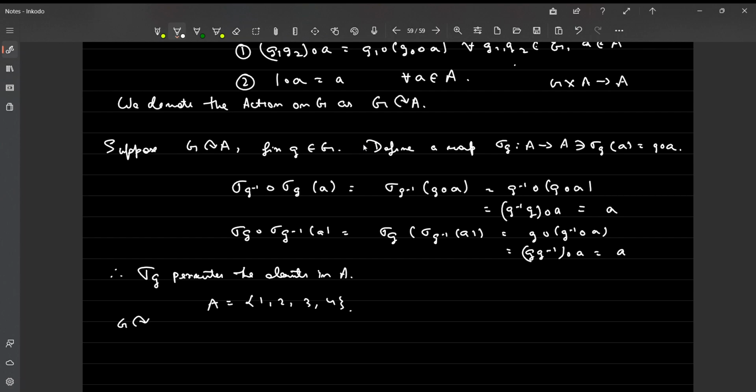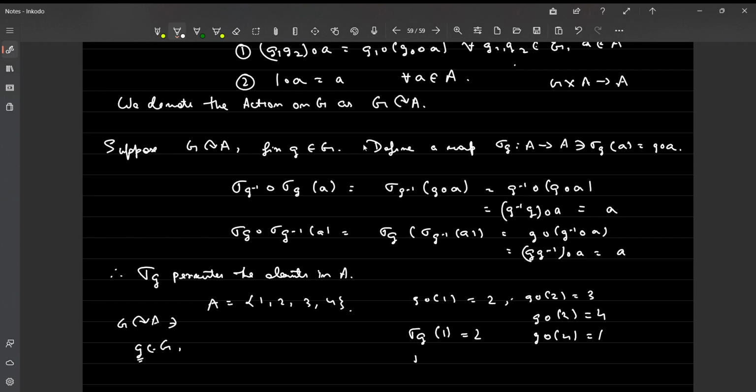We consider a group G which acts on A such that, for some fixed element g from G, g composed with 1 is 2, g composed with 2 is 3, g composed with 3 is 4, and g composed with 4 is 1. Then sigma g sends 1 to 2, 2 to 3, 3 to 4, and 4 to 1.